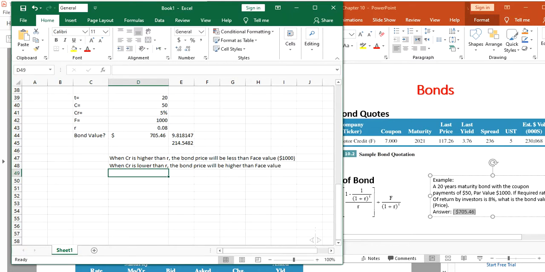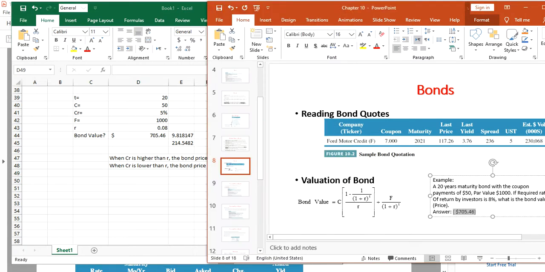So when you see the question, immediately you will understand that, okay, coupon rate here is 5%, interest rate is 8%, so I'm expecting the answer to be less than $1,000.